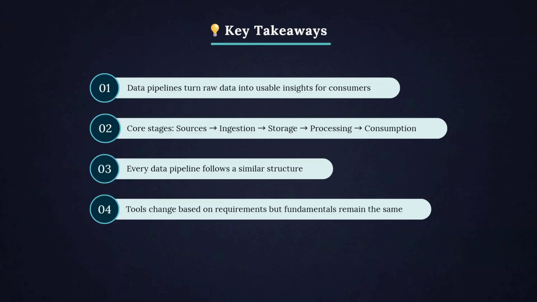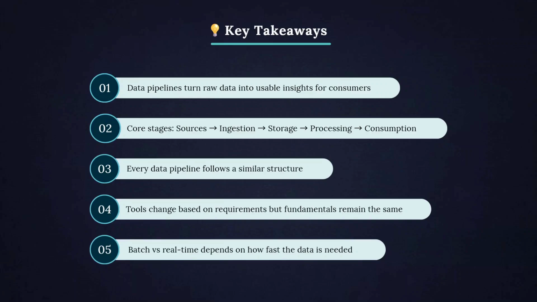Fourth, tools change based upon business needs, but the fundamentals always remain the same. And finally, the choice between batch and real-time pipelines depends on how quickly the data is needed. If you understand these ideas, you understand data pipelines. Everything else is just implementation details.